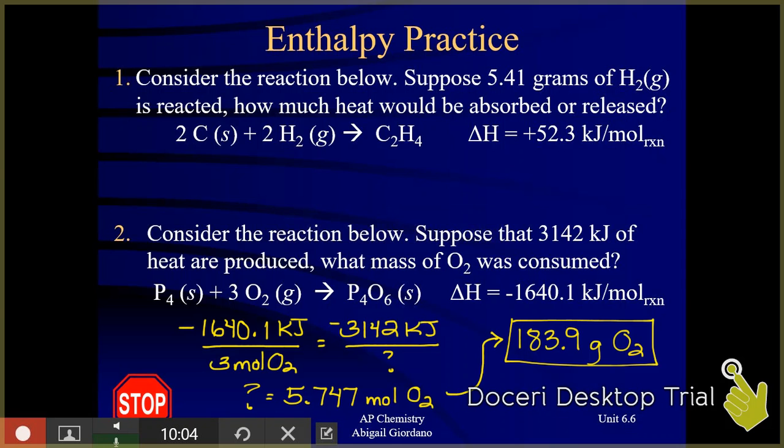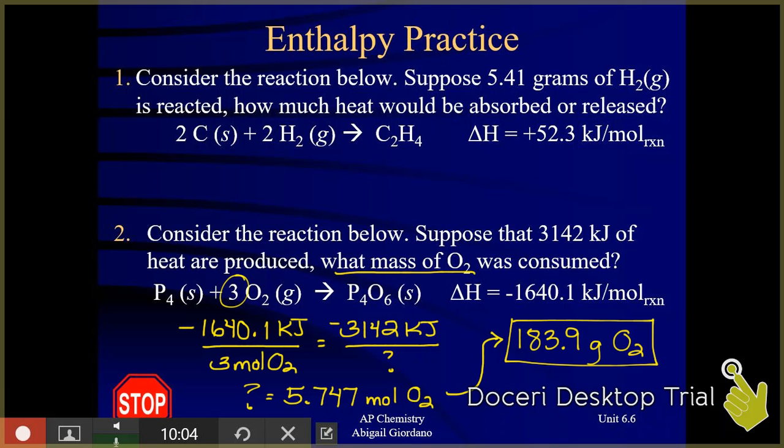So if you'll look at this proportion that I've set up, I took the delta H value that was given, negative 1640.1. I put that over top of 3 moles of O2. Now, where did I get that 3? I got it from the coefficient, okay? And how did I know to focus on oxygen? Because later on in the question, we're asked about O2, okay?